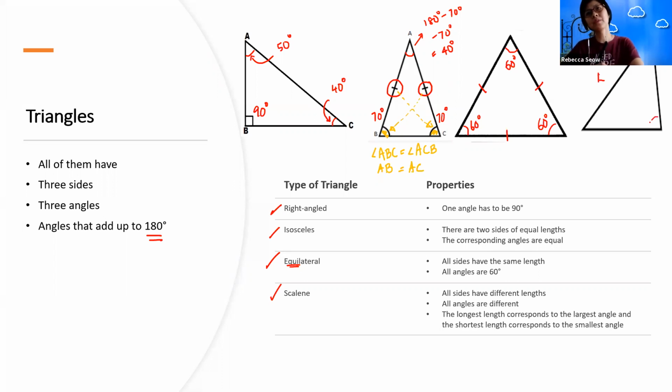It will correspond to the largest angle. The smallest length will correspond to the smallest angle. And the length that is intermediate will correspond to an intermediate angle. So this summarizes the properties of different types of triangles.